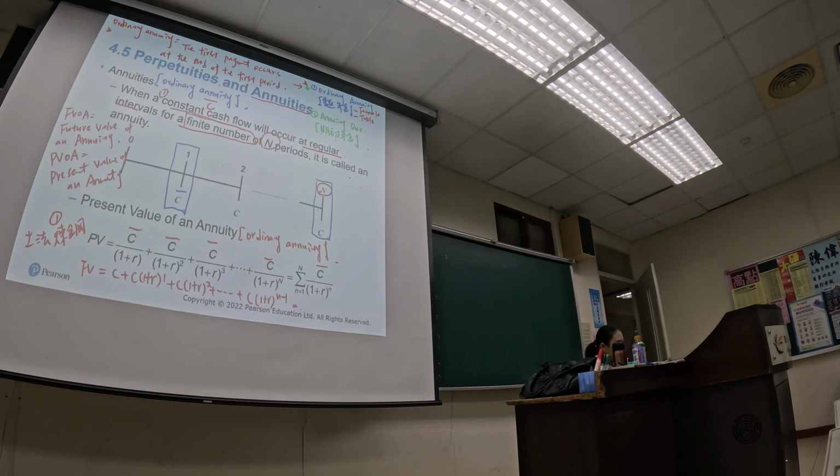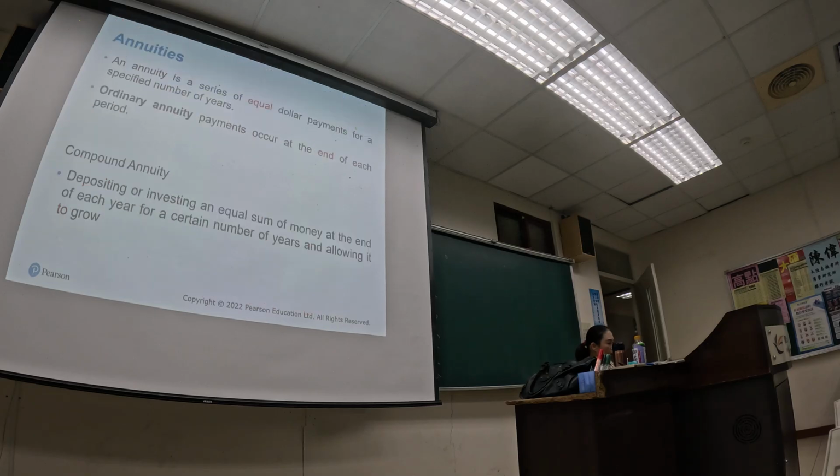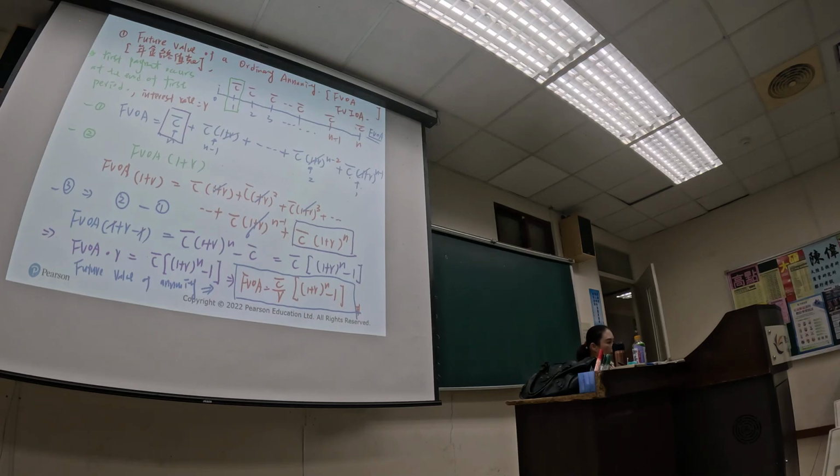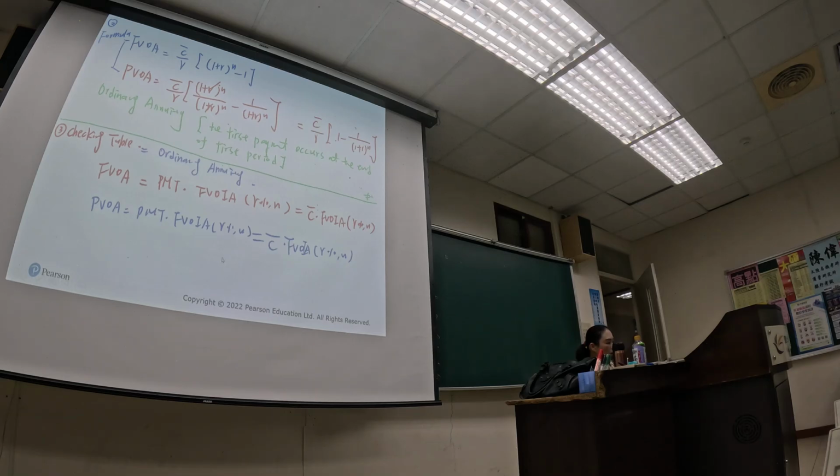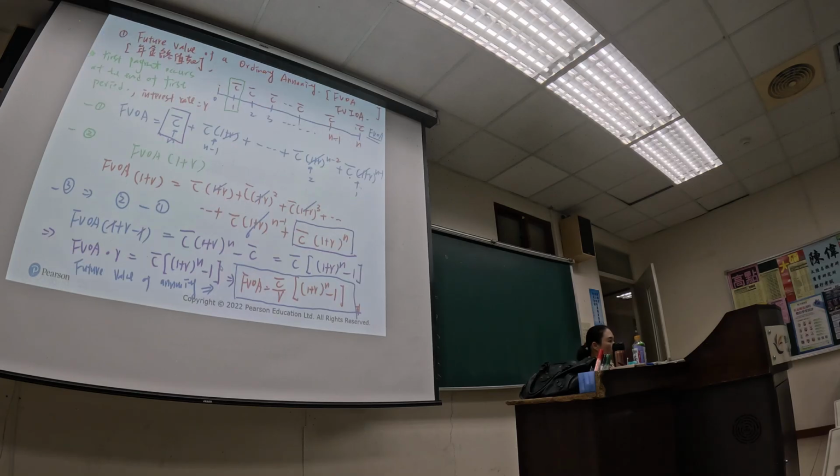So it will equal summation t equals 1 to n, C times 1 plus R to the power of n minus t. Very important. The first method, and then the second method is the formula. The third method is table checking.